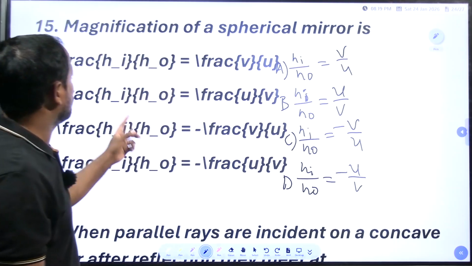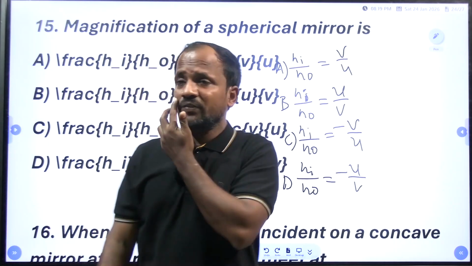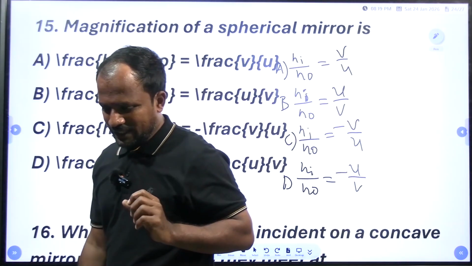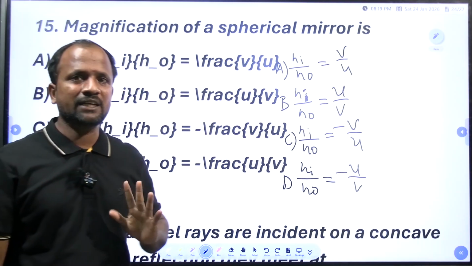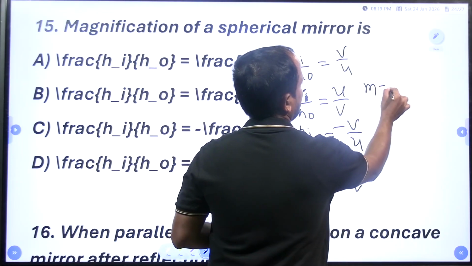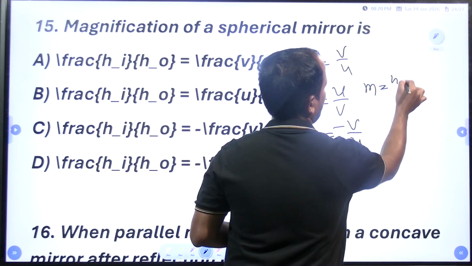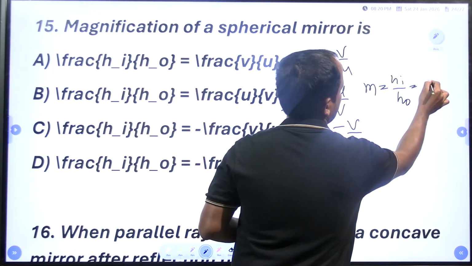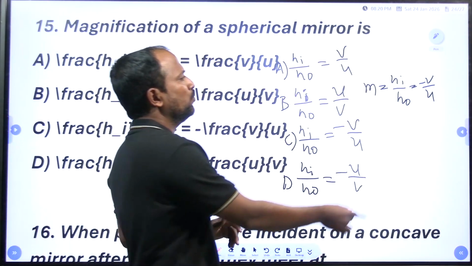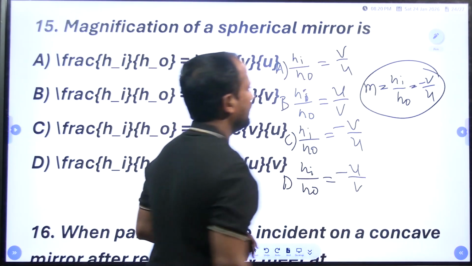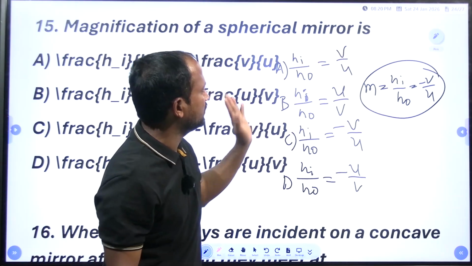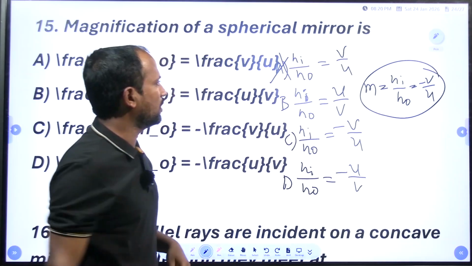Observe here, read the question once: magnification of a spherical mirror. Directly he is asking for the mirror magnification formula. M, magnification, is equal to HI by HO is equal to minus V by U. This is the formula. Now observe the options. HI by HO is equal to V by U: minus is missed, so option A is wrong.